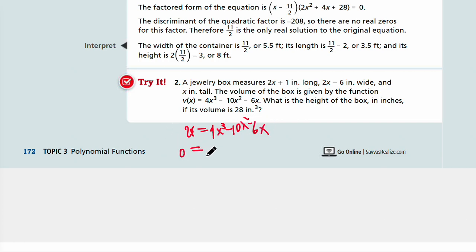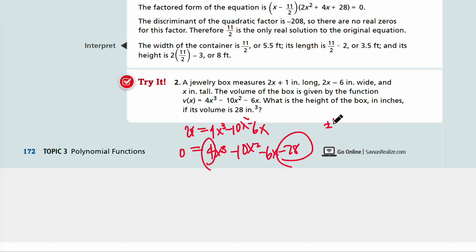And it needs to be equal to 0. Subtract 28 on both sides, and you'll get 4x cubed minus 10x squared minus 6x minus 28. And then you will look at the constant term and the leading coefficient and figure out all the possible values. We have a lot of possible values, right?